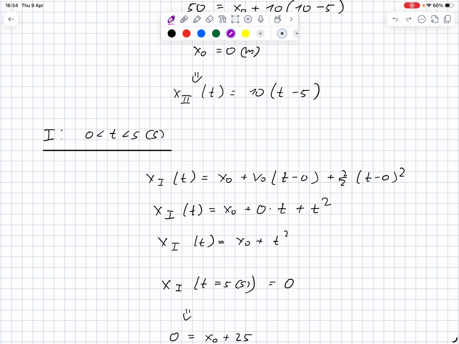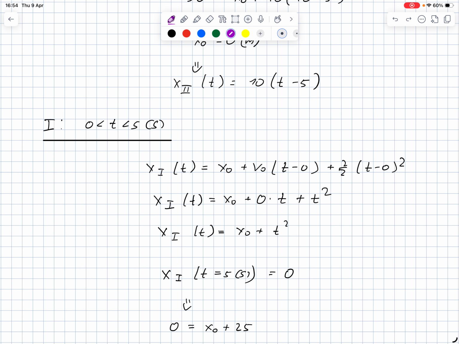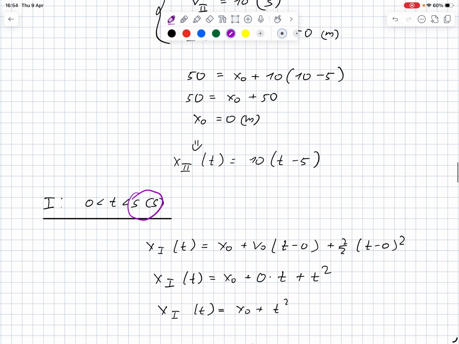Again, when t equals 5 seconds, which is actually the final position in first interval, or we can say it's the initial position for the second interval of time, okay, then x final for the first interval when t equals 5 seconds is actually the initial position for the second interval of time here.